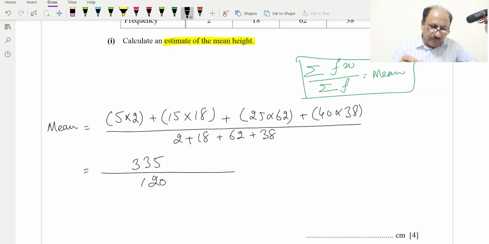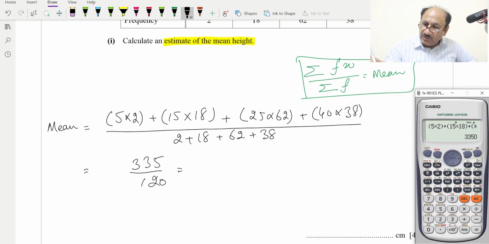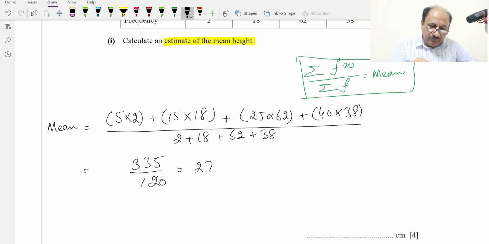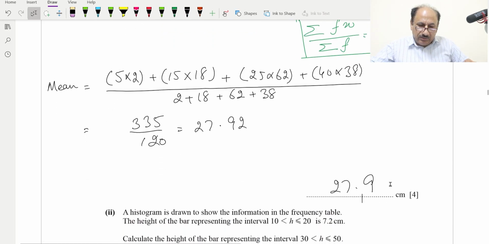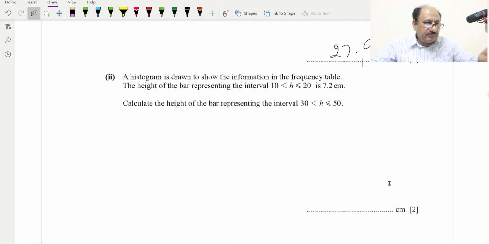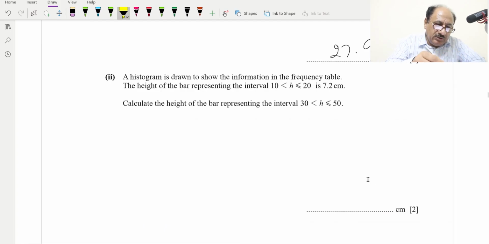Now we can divide this answer by 120, and this will be equal to 27.92, or basically we can write 27.9 as the answer.